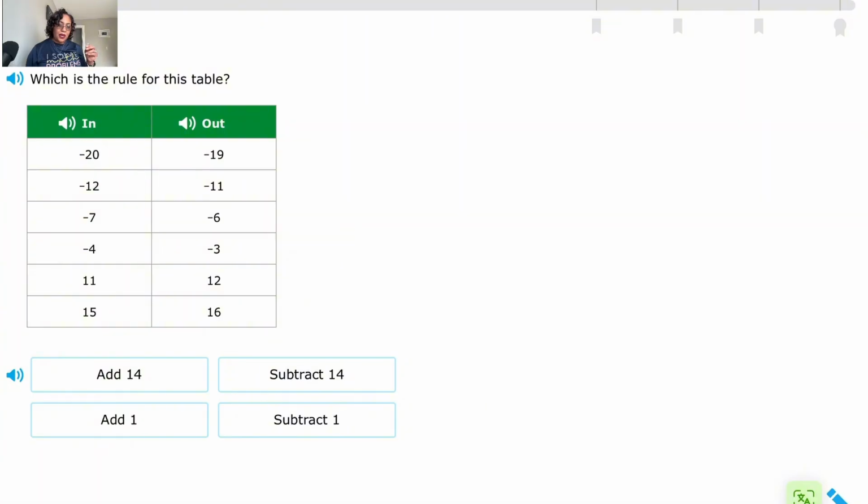Because just think about it in your head. And this is what I tell students all the time. If you have the number line in your head and you have the negative numbers, so the ones that are on the left side of 0 and the numbers on the right side of 0, if I'm at negative 20 and I end up at negative 19, that means I move to the right by 1, which means I add 1.